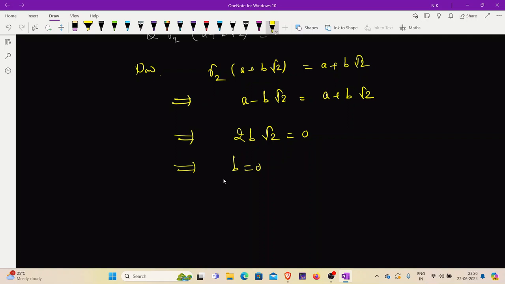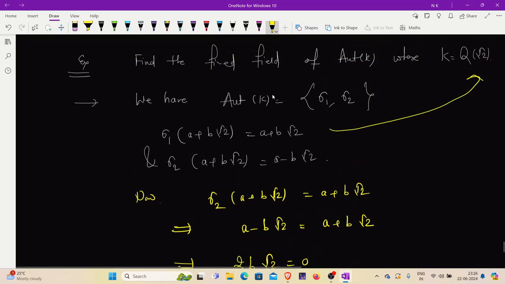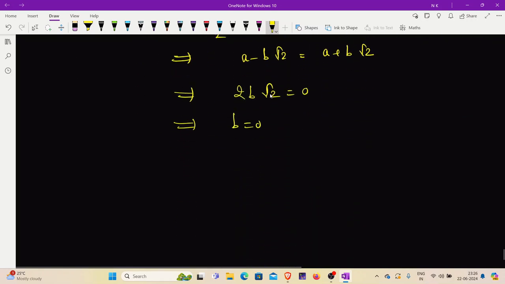And sigma 1 fixes all the elements of Q root 2. So the elements fixed by both are nothing but the set of rational numbers. So the fixed field of Aut of K is the set of all rational numbers. So that's how we can find the fixed field.